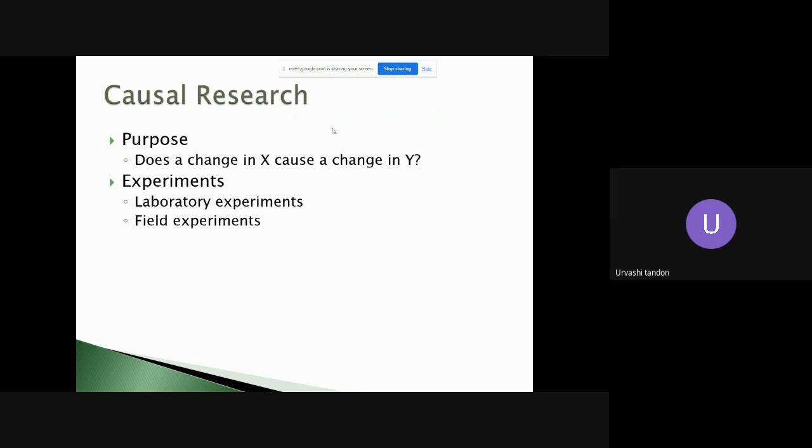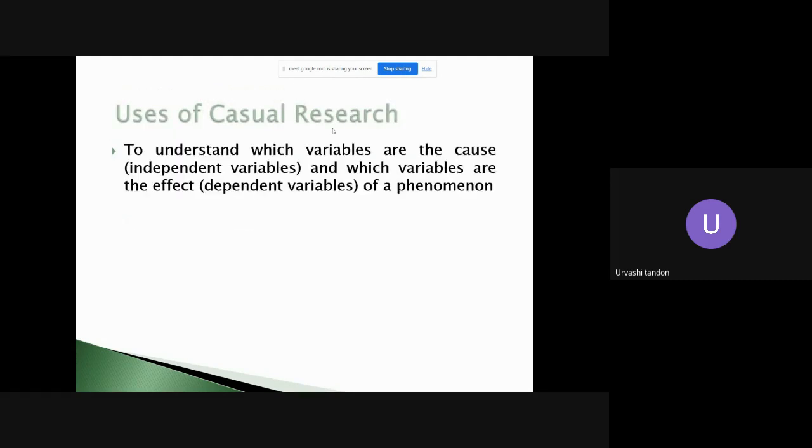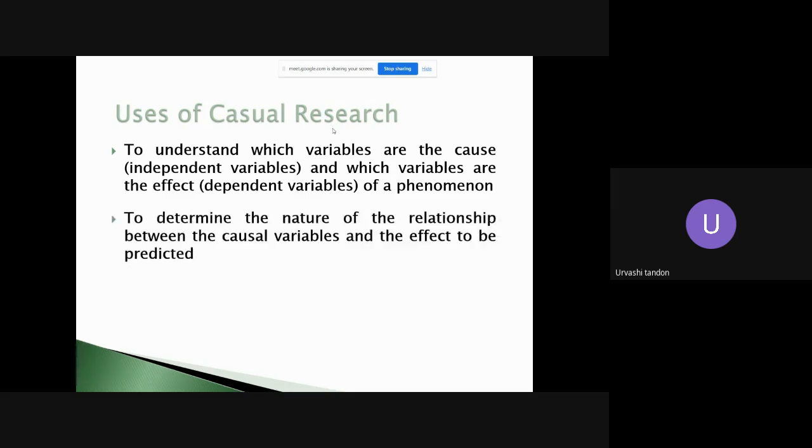And causal is, does a change in X cause a change in Y? And it is mostly the experimental, and all the laboratory experiments and field experiments are being conducted here. So again, cause and effect, which are the independent variables and which are the dependent variables. So generally experimental studies, they go for causal studies.